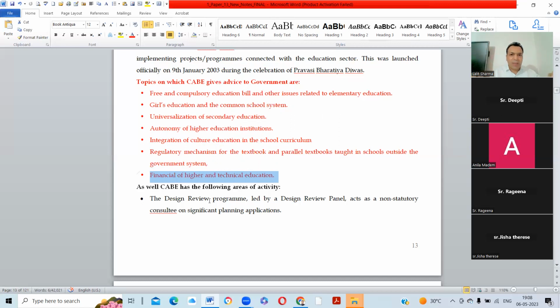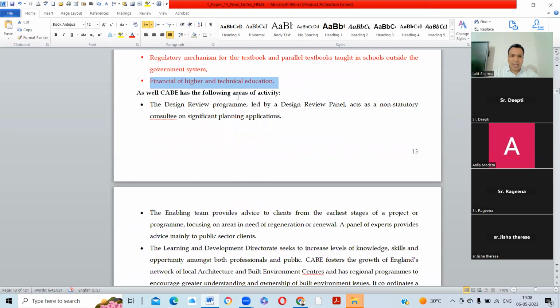The role of a principal is not to take classes; the principal is the administrator. He or she should have knowledge of everything: different policies, what the education is, where the funds are coming from, and how the principal has to manage. That is why all these things are in this paper, educational policy.